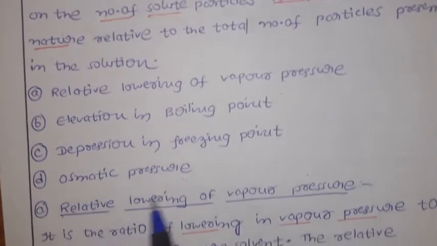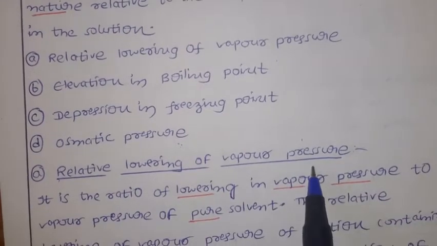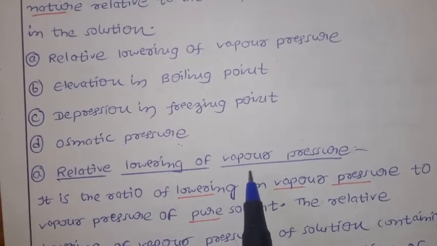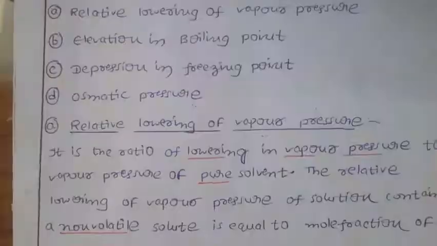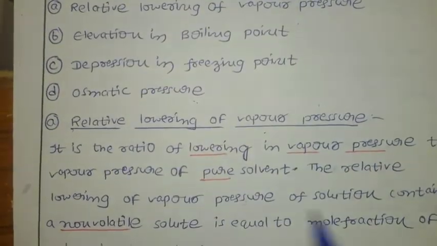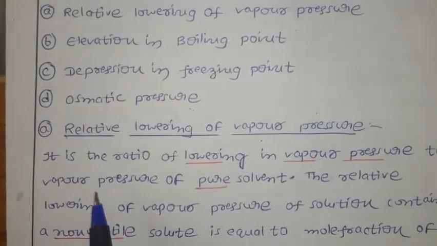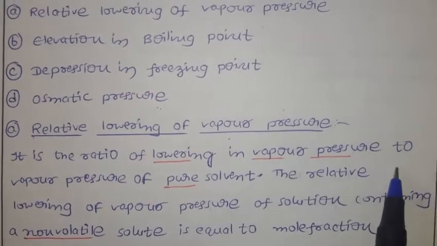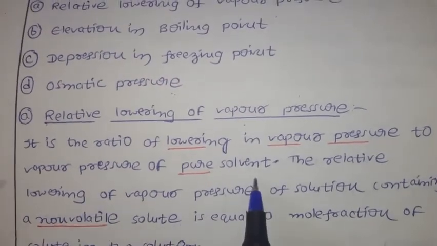First, we have relative lowering of vapor pressure. I will now discuss the exact meaning of that. Relative lowering of vapor pressure is the ratio of the lowering in vapor pressure to the vapor pressure of the pure solvent.